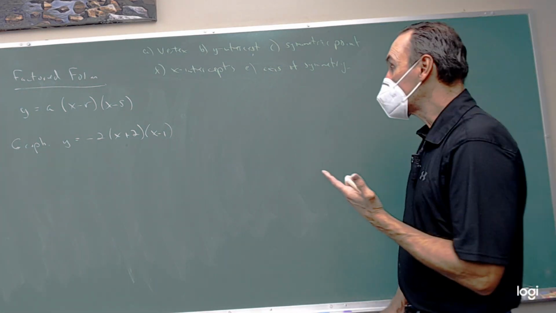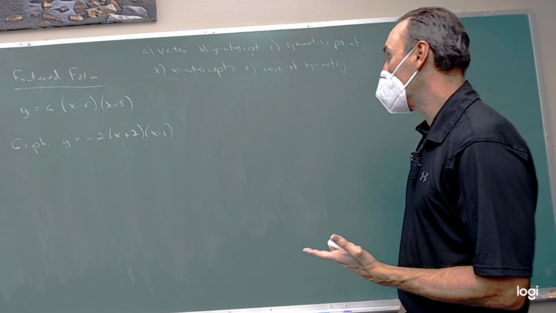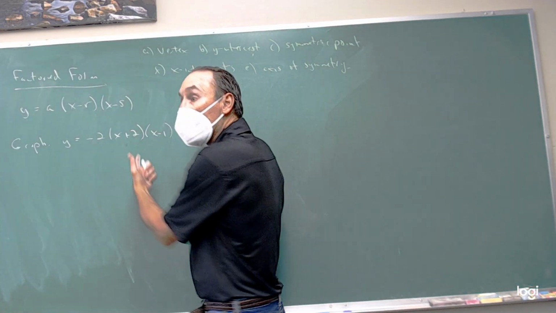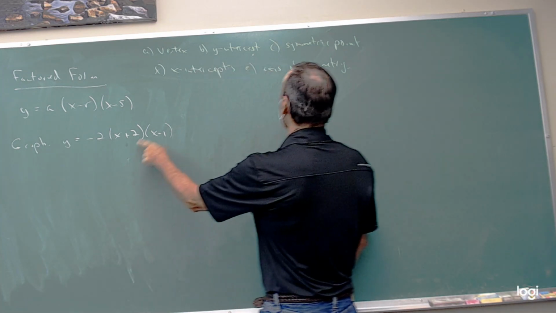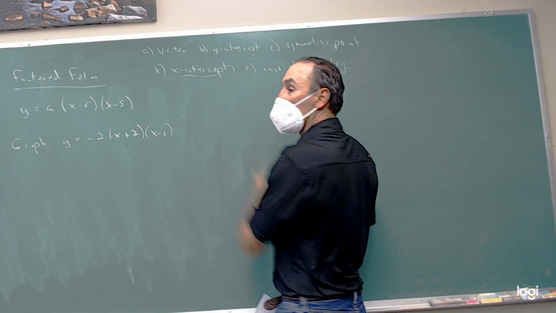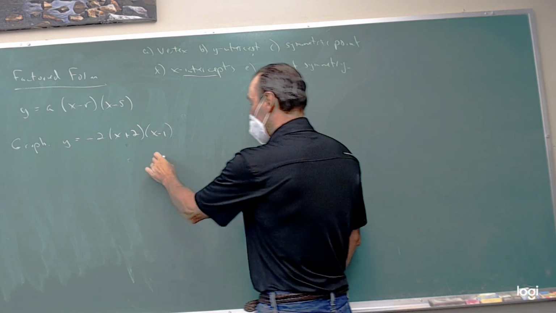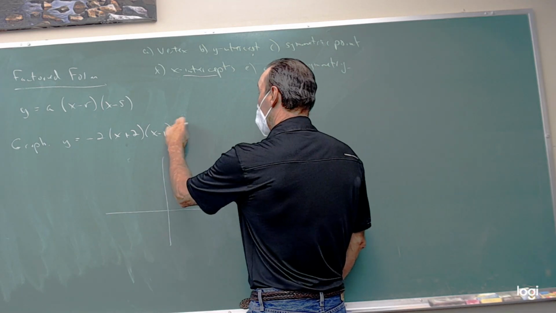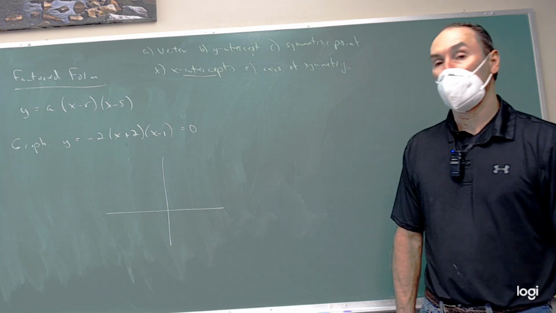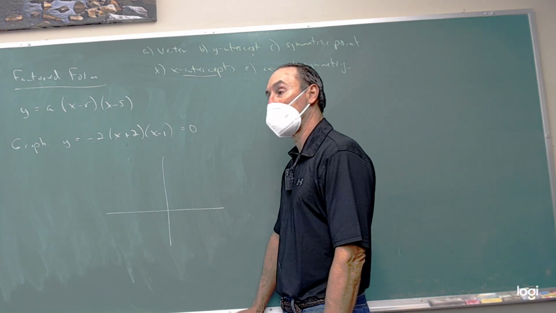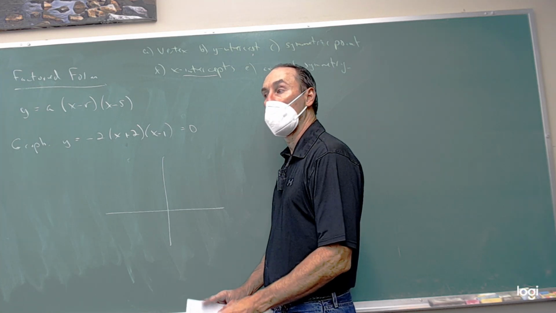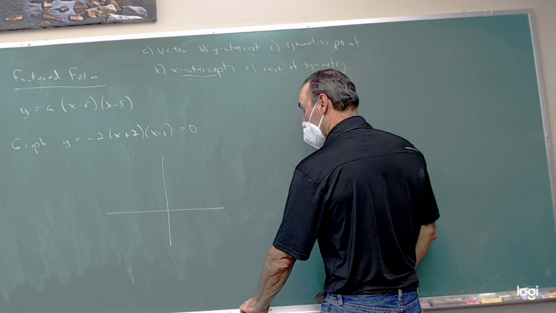So in this case, rather than jumping right to the vertex, the low-hanging fruit is going to be the x-intercepts. So to find the x-intercepts, we just set this equal to 0. Well, it's already factored. So what are the values of x that make that equal to 0? Negative 2 and positive 1, right?